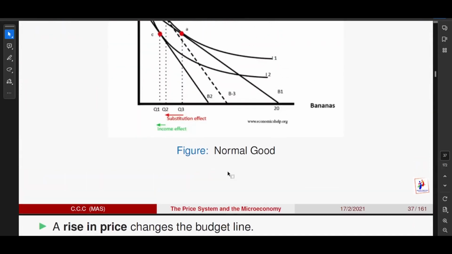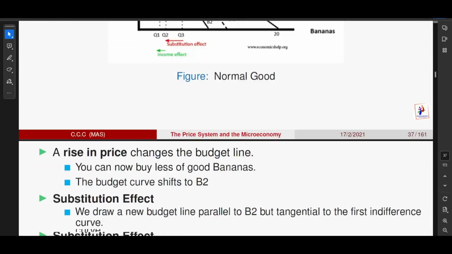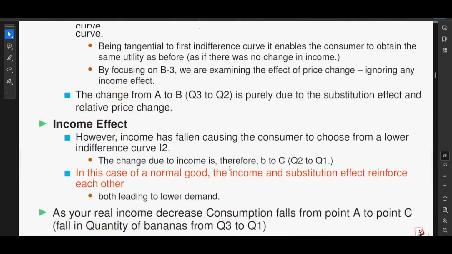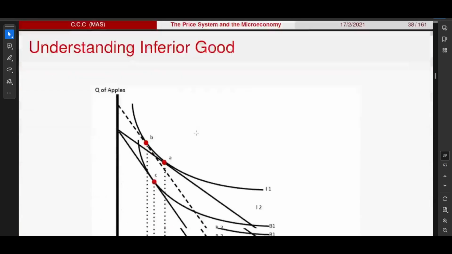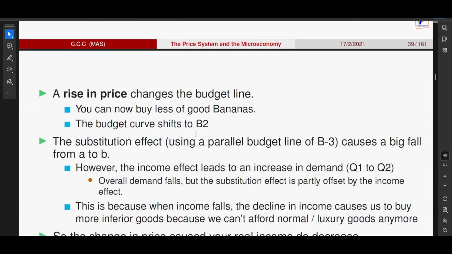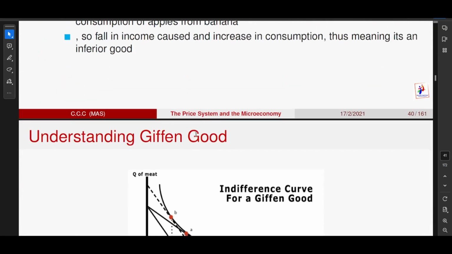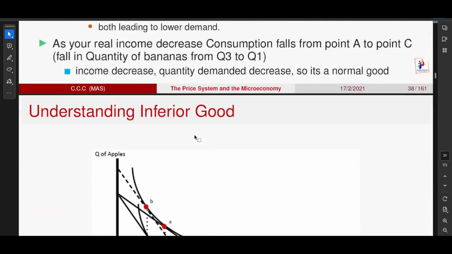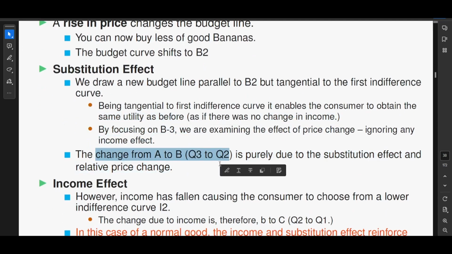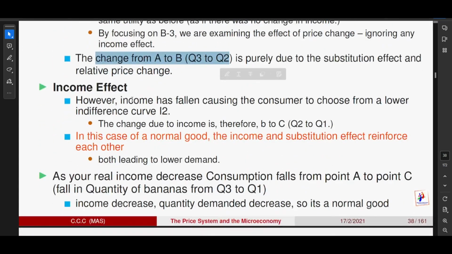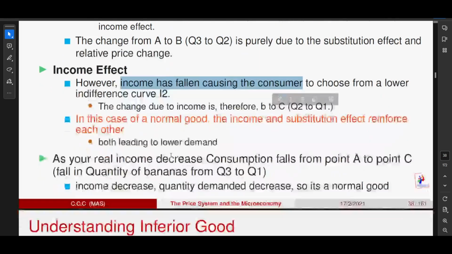Where's my next graph? Normal good. Here, explain all of that, right? Right. So what we're saying is that, what is this? We draw another tangent.